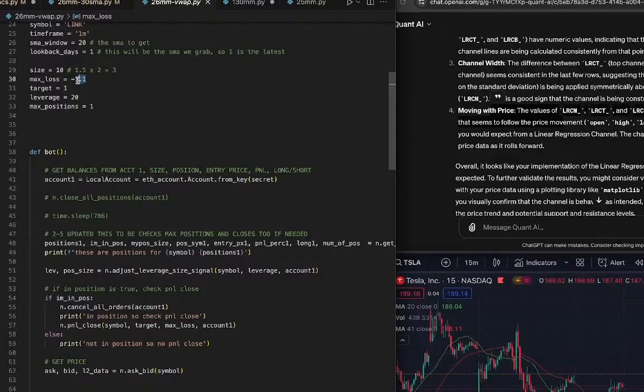So -11.5 and target 11. I just need to flip those things around real quick. That's how easy it is to entirely change your strategy. That totally changes the entire strategy. It's crazy, right? Now that you have everything built, you can build things so much faster.